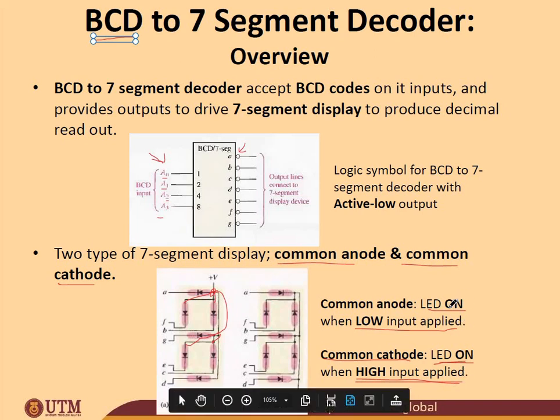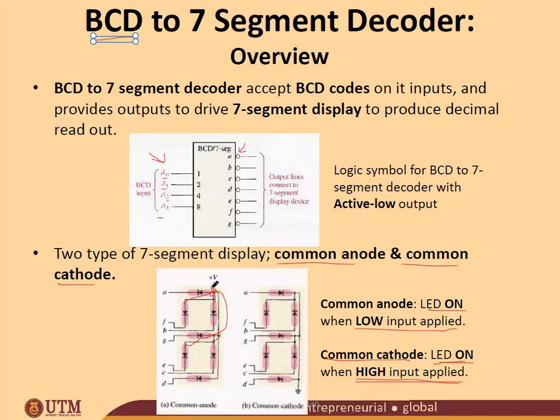What does it mean by this? If you see here, for common anode the LED is on, however we need to connect it to the low input. Here is the low input. For it to be on, we need to put all these connections to low.